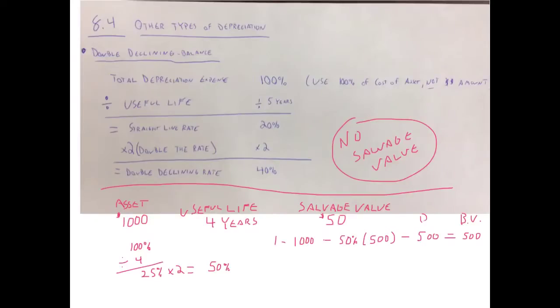Okay, so depreciation. This is our beginning book value. Year 2, beginning book value is $500. We're still going to depreciate 50%. In this case, that's $250. Okay, so our depreciation is $250. Our ending book value is $250.